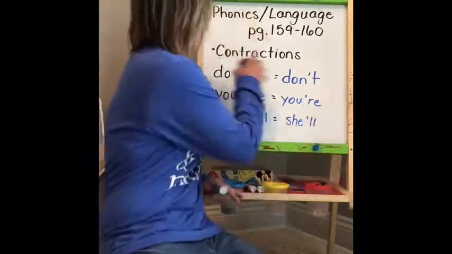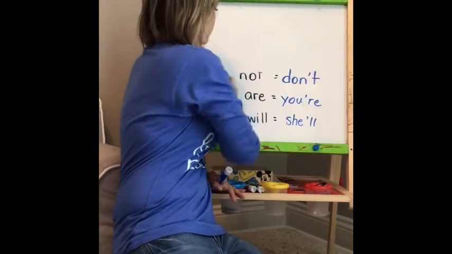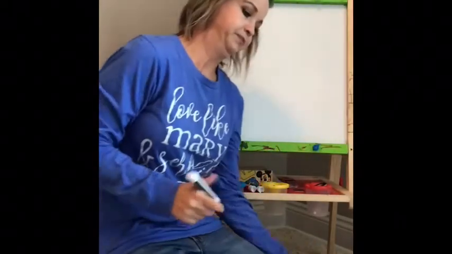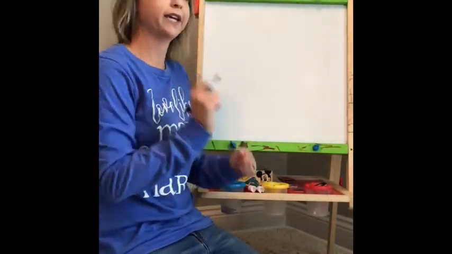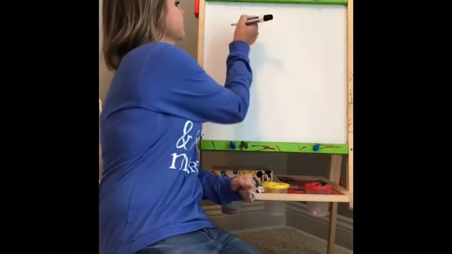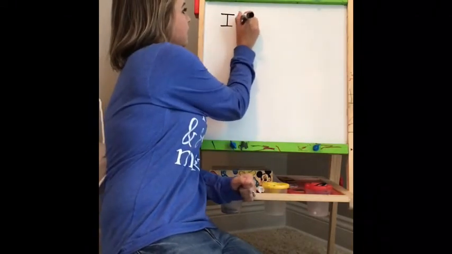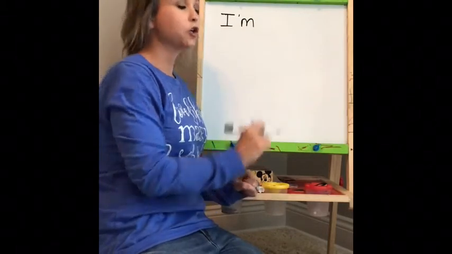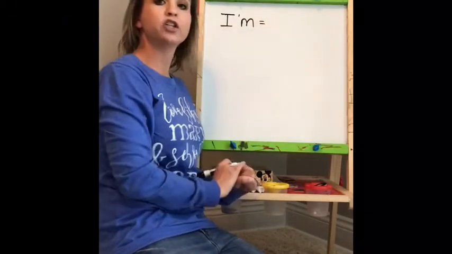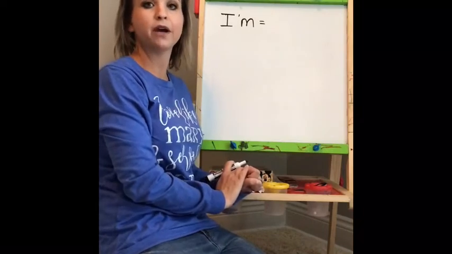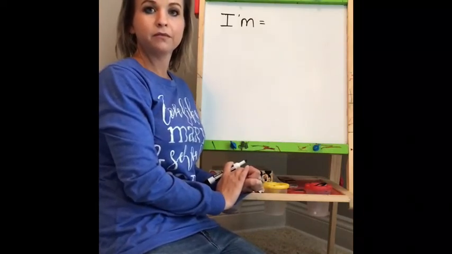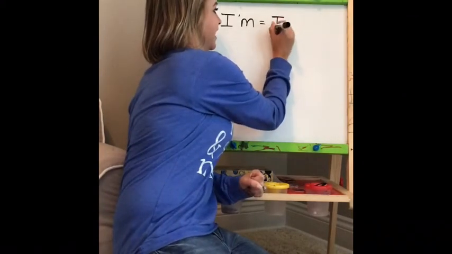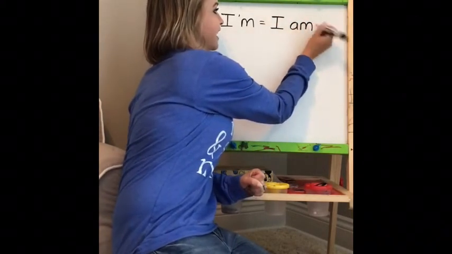So I'm going to erase my board. Okay. I'm going to give you a contraction here. Your contraction is I'm. What two words make up the contraction I'm? Write them down. I am. Very good. I am.